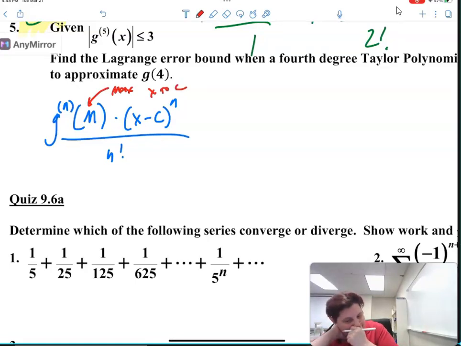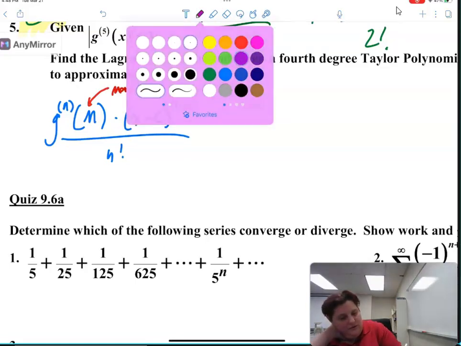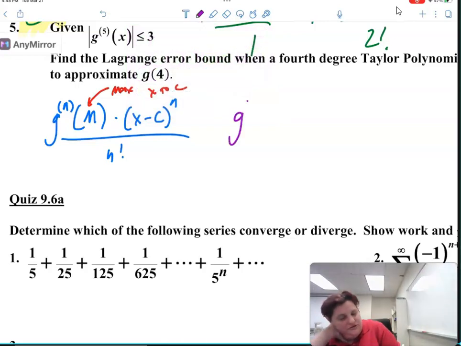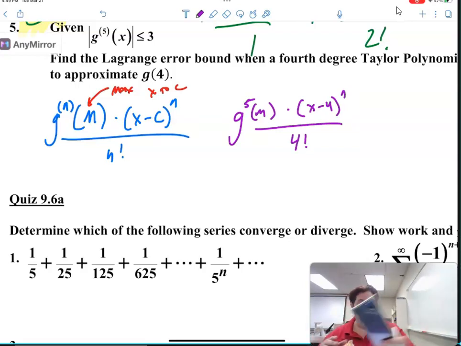So it's g to the 5, and then whatever makes that the maximum, so that's just an M right there. Then it's x minus 4 to the n over 4 factorial. This is my error bound.